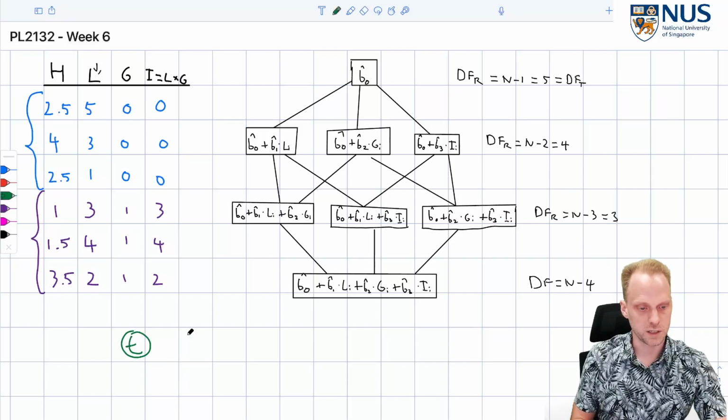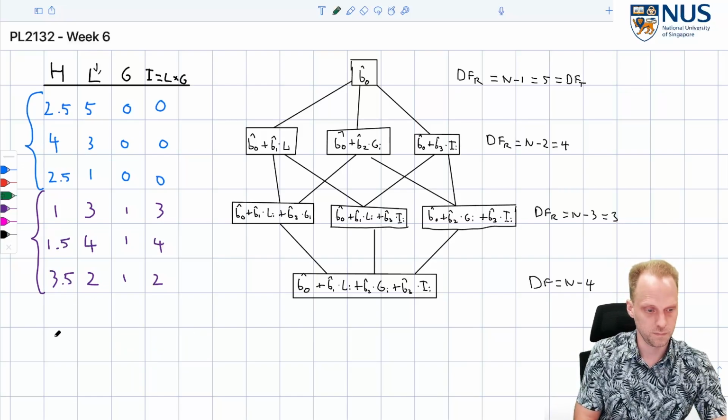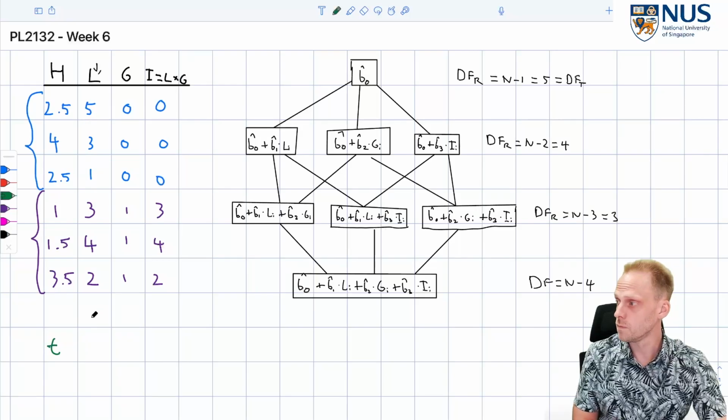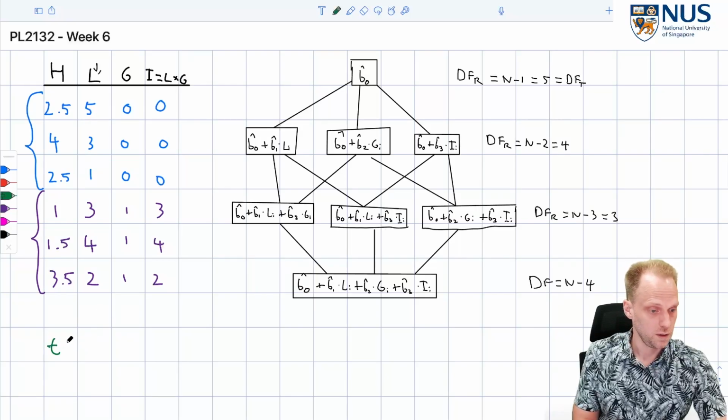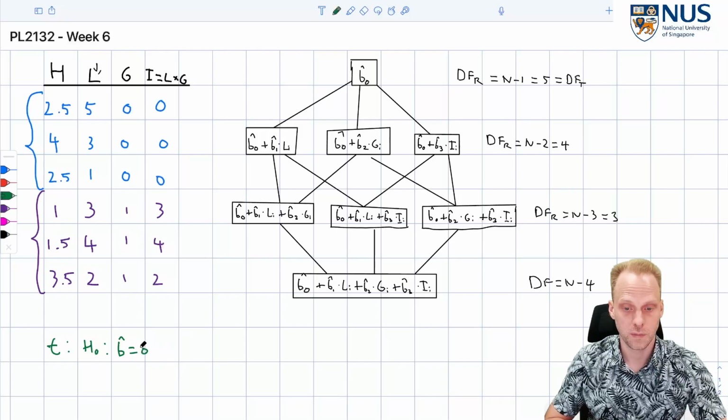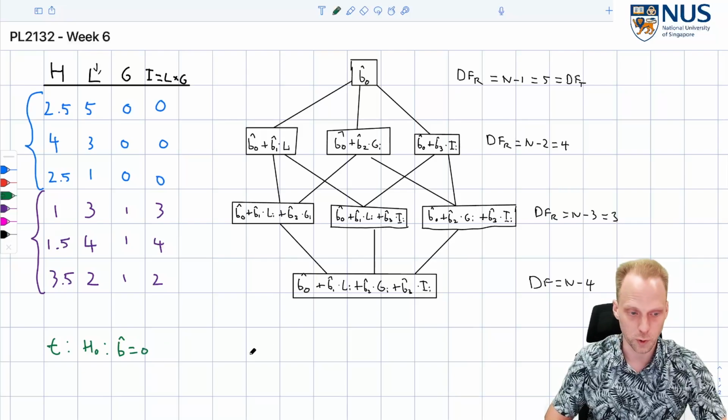The T test statistic is used to test, for example, the null hypothesis that some parameter equals 0 in a certain model.